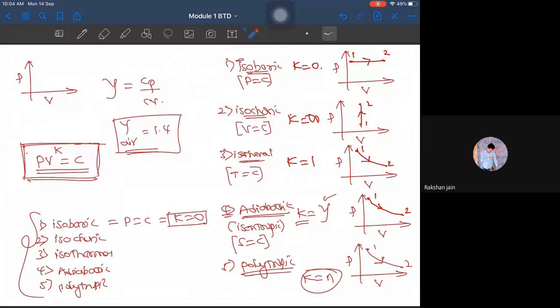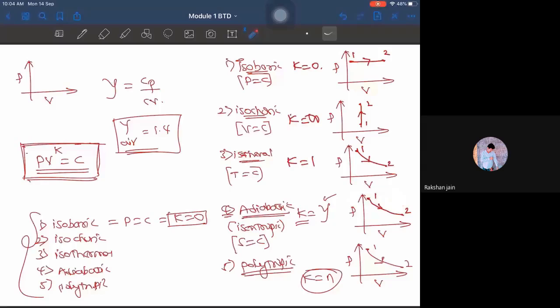For an isothermal process, temperature is constant, the value of K is equal to 1, and it is represented as a curve in a PV diagram. For an adiabatic process, the entropy remains constant and the value of K is exactly equal to the ratio of specific heats, and it is represented as a curve in the PV diagram.